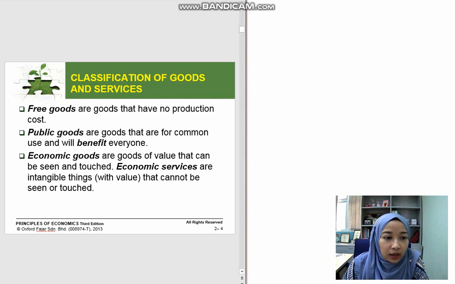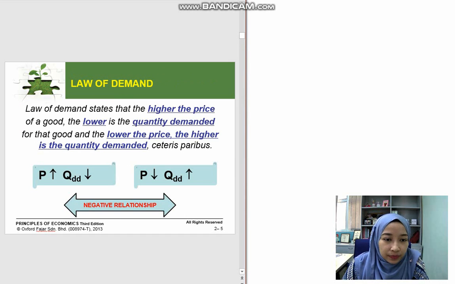Alright. Next, now we are going to understand the law of demand. There are a few things that you have to take into consideration. The things are about price. The law of demand states that the higher the price of a good, the lower is the quantity demanded.